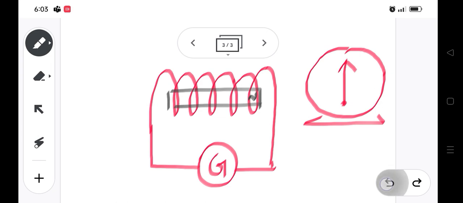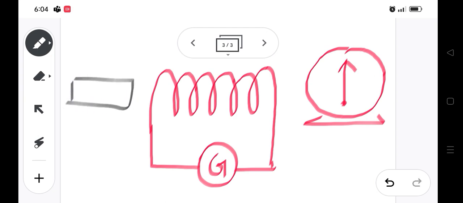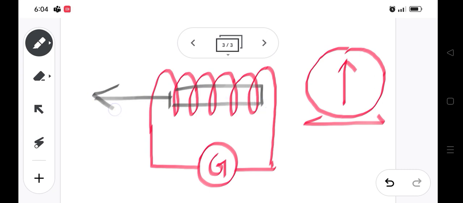So what's really happening here? We know that when we inserted the magnet, current is generated. Then after that, we took it outside. Then also current is generated, but in the opposite direction. But when we kept this magnet inside the solenoid, then current disappears.